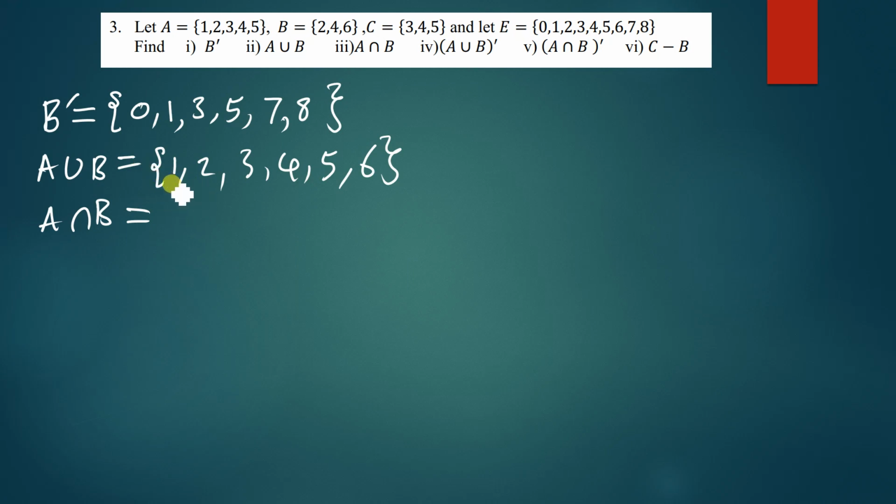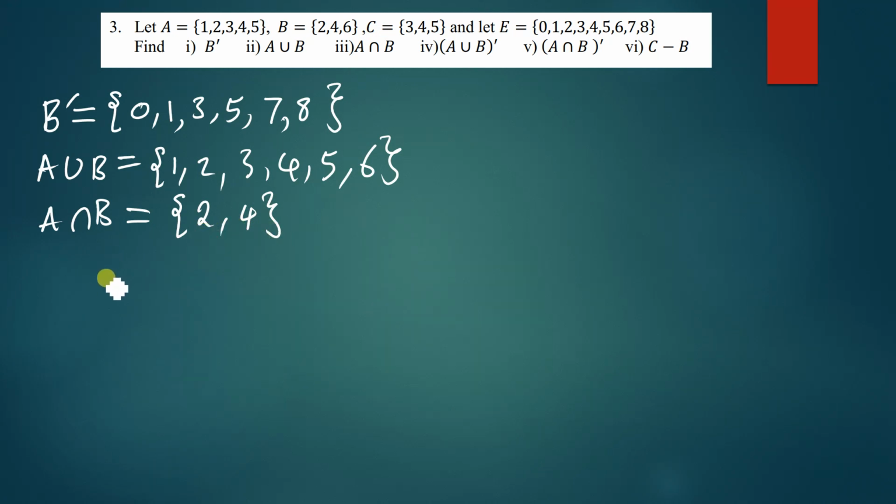Set B is 2, 4, 6. Set A is 1, 2, 3, 4, 5. So the intersection: 2 is in set A and it's also in set B, so we write it there because it's common. 4 is in set A, it's also in set B, so we also write it there. So this is our A intersection B.